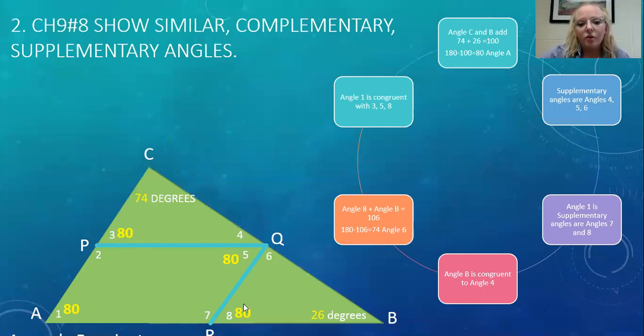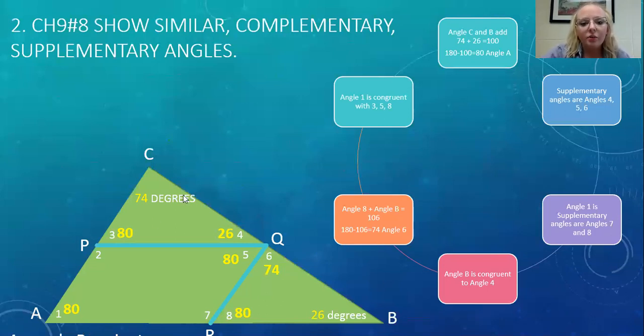And same thing here, we're going to add our 80 and 26 to get our angle 6. So we did that, and angle 80 plus angle B is 106 from this box right here. So 180 minus 106 equals our 74 degrees. And then we're going to look at angle 4.